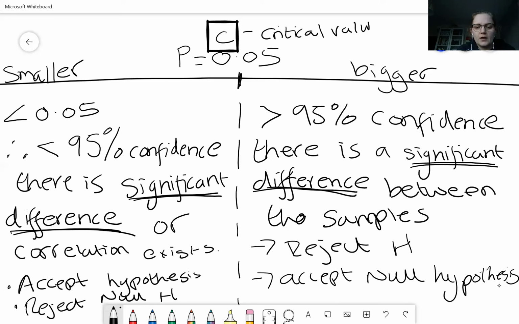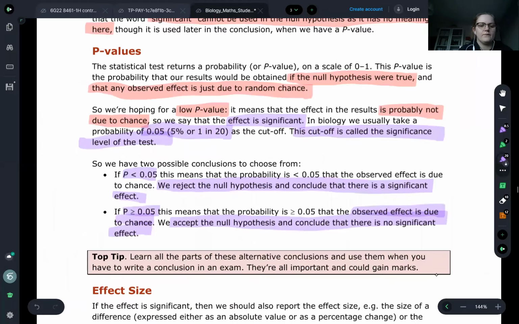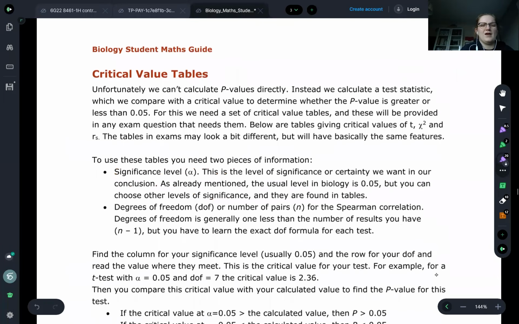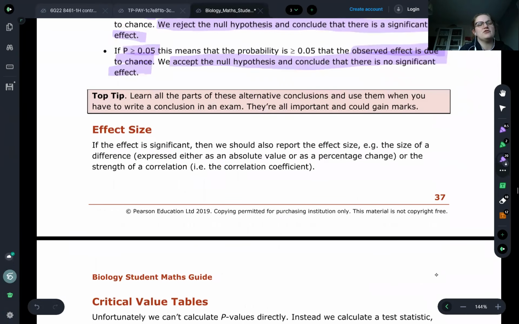So let me screen share again and take it back to where we were, biology maths. Yeah, I was using critical values there. That's because we can't calculate the p-value ourselves.